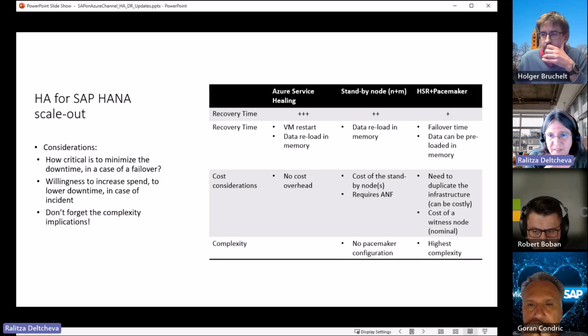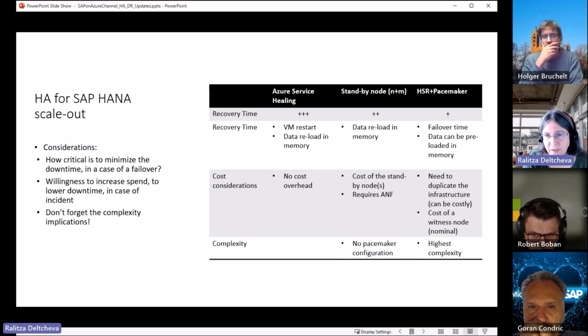The downtime could be equal to what it takes the cluster to fail over to the secondary site. And there is a configuration which can be done so that HANA has preloaded the data in memory on the secondary site, so you don't have to wait for the data to be loaded in the system. So that gives you the fastest recovery time from an application perspective.